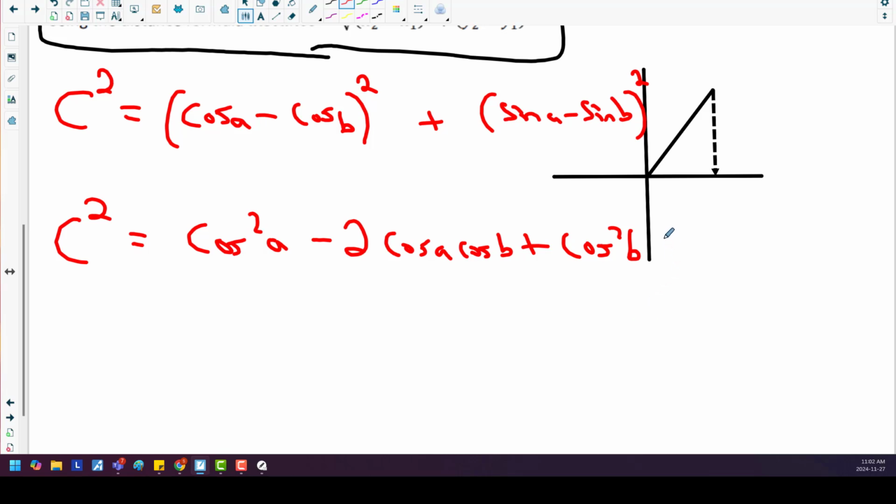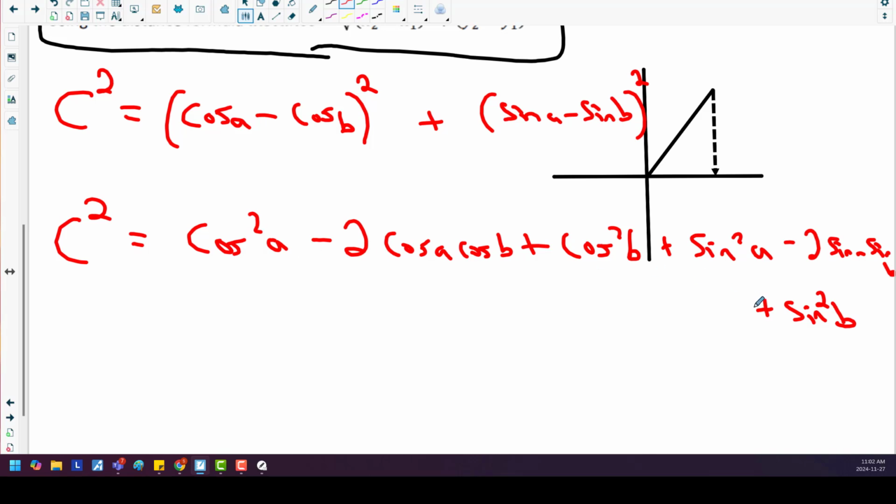So it's going to be plus sine squared A minus 2 sine A sine B. And then I ran out of room, but the last bit of it is plus sine squared B. There you go.